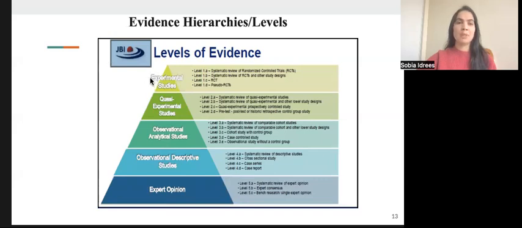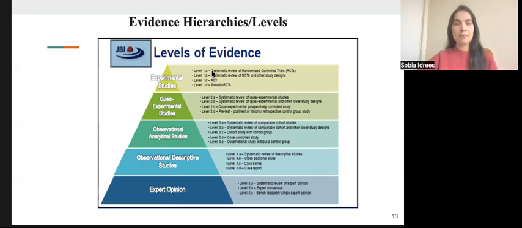At the top of the pyramid, you see experimental studies. Experimental studies have the higher methodological quality, more strengths, and minimum weaknesses, as compared to the bottom, where expert opinion has the lowest methodological quality.